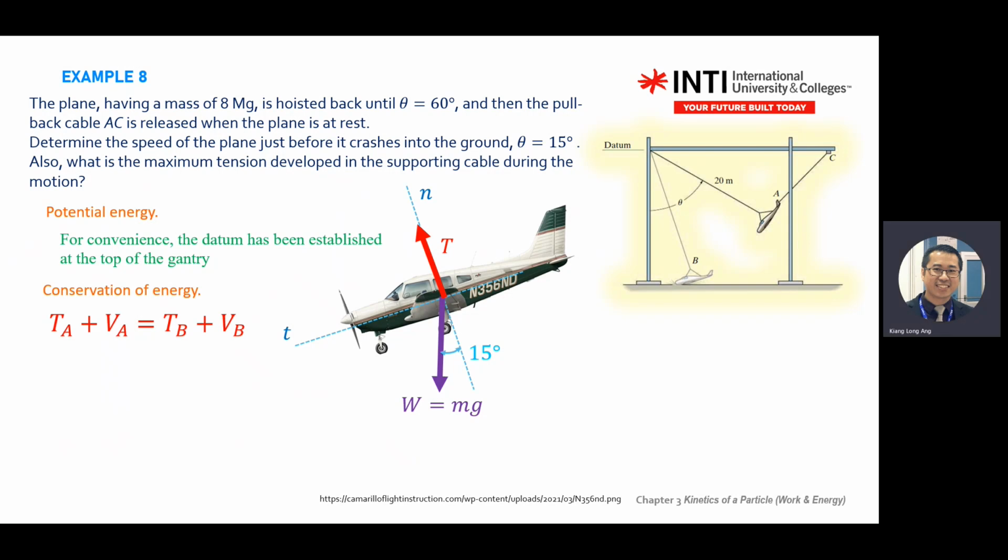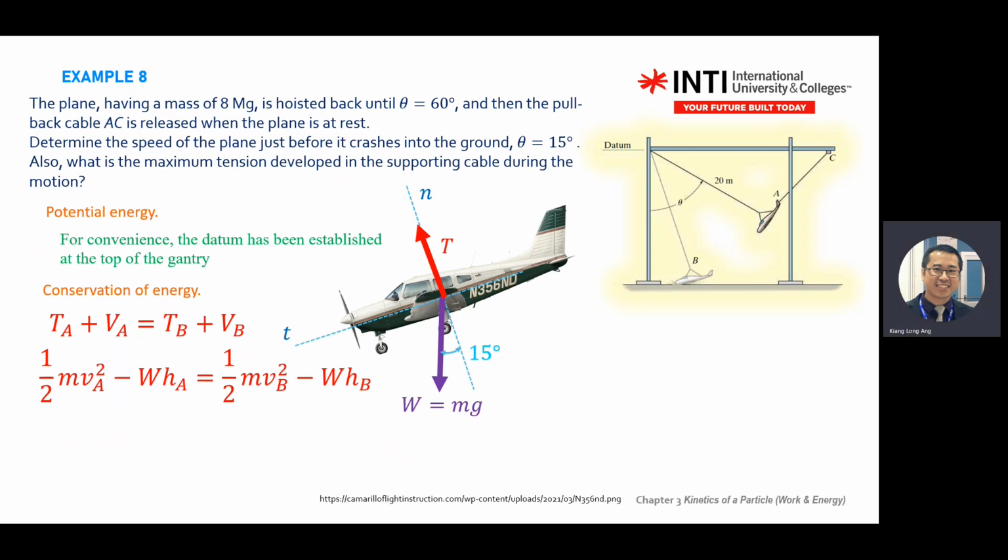You look at the datum. Where is the datum? Here. What is your h? Go down, okay. Minus, because the datum is on top of the plane. The plane is below the datum, so negative. W h_A from the datum equal to half m v_B squared. Again, minus W h_B because still under the datum.